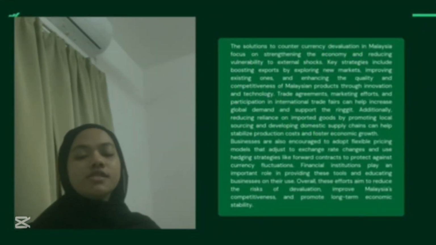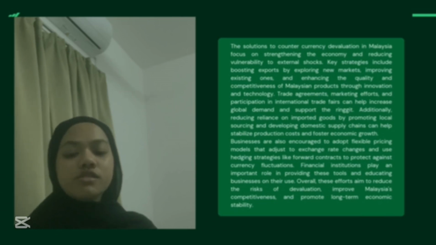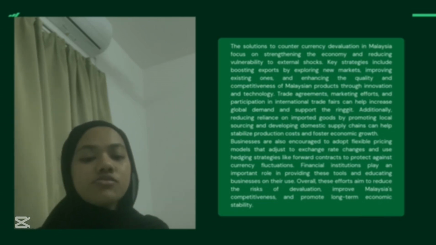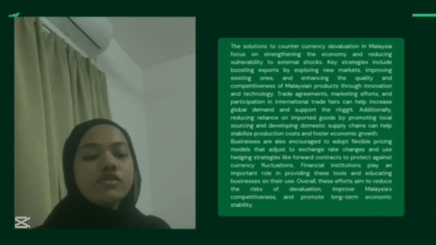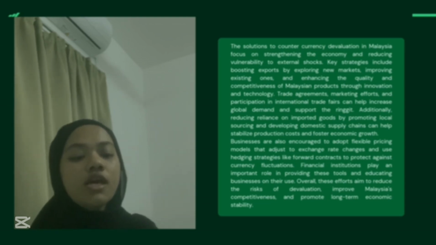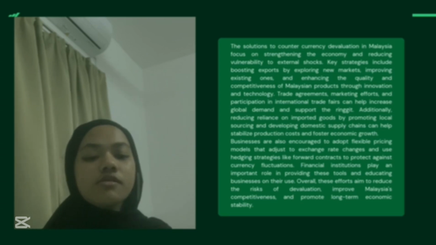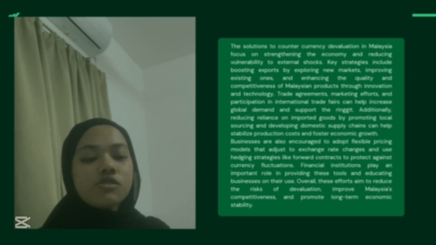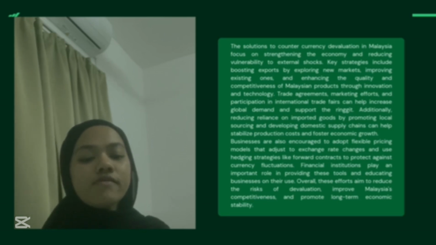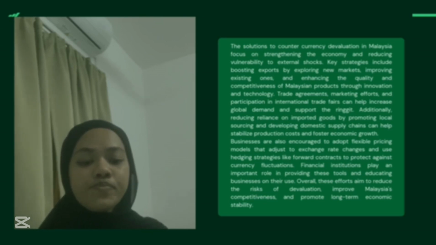So, the next one is the impact from proposed solutions. The solutions to counter currency devaluation in Malaysia focus on strengthening the economy and reducing vulnerability to external shocks. Key strategies include boosting export by exploring new markets, improving existing ones, and enhancing the quality and competitiveness of Malaysian products through innovation and technology.